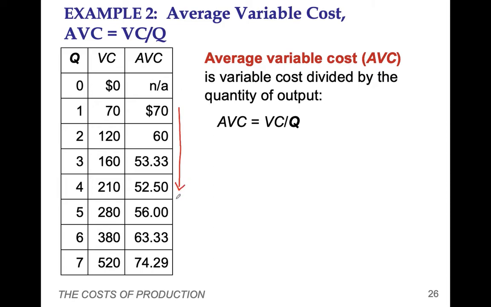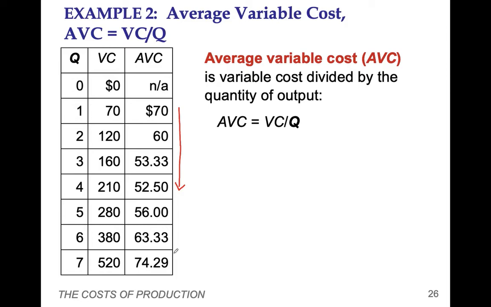Then from the 5th unit, it rises to 56, then 63.33, and for the 7th unit, the average variable cost is 74.29.